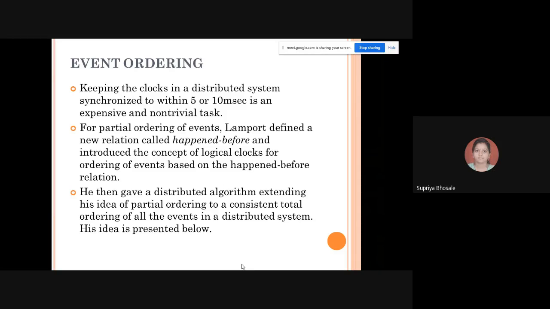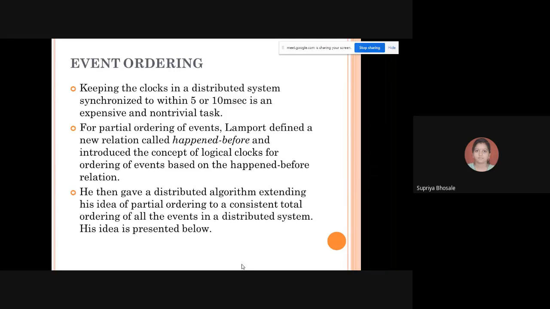new relation called happened before and introduced the concept of logical clocks for ordering of events based on the happened before relation. He then gave a distributed algorithm extending his idea of partial ordering to a consistent total ordering of all the events in a distributed system.